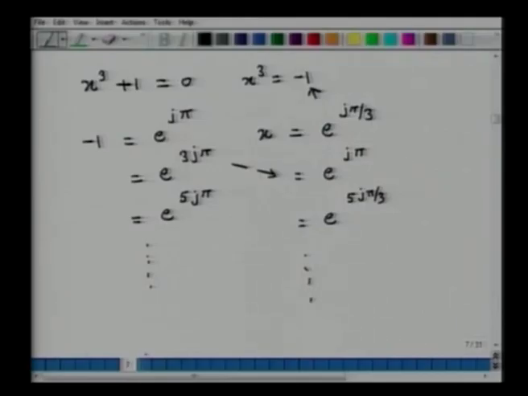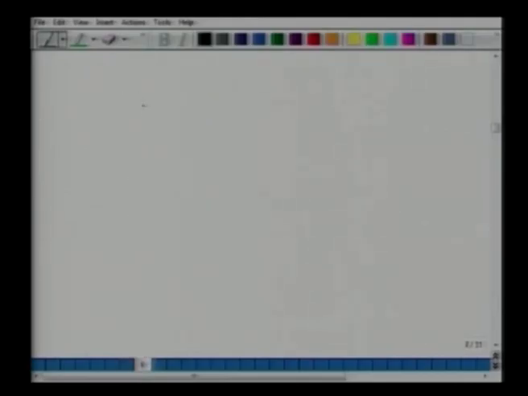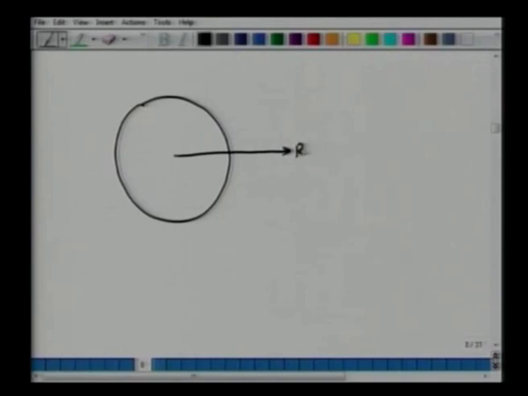Now let's plot them on the complex plane. I draw a circle, that's my real axis, this is my imaginary axis. My first solution was e^(j pi over 3). Pi over 3 is 60 degrees. So that is my first solution, x1 equals e^(j pi over 3), and this angle is pi over 3.